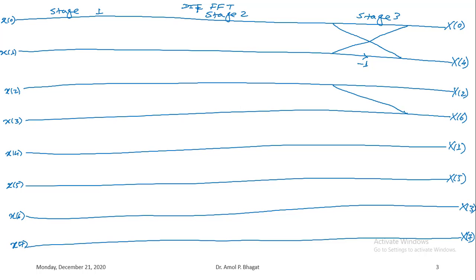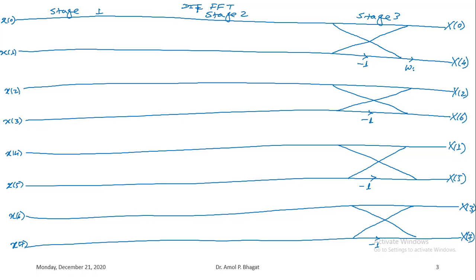Similarly here it will be -1, and here it will be -1. Where there is -1 in output, basically in DIF FFT we are multiplying the twiddle factor at the output.